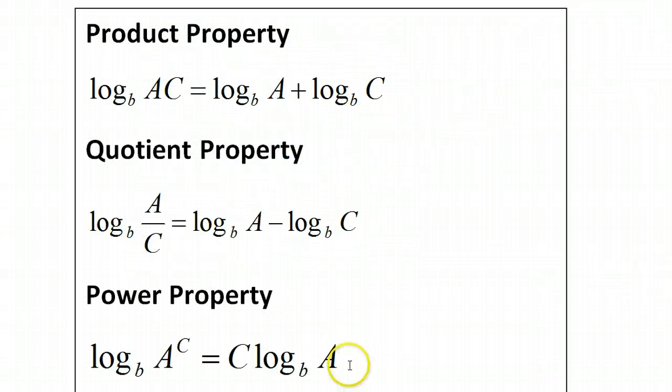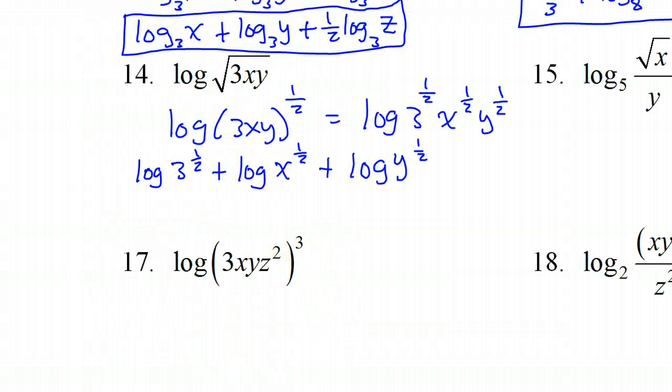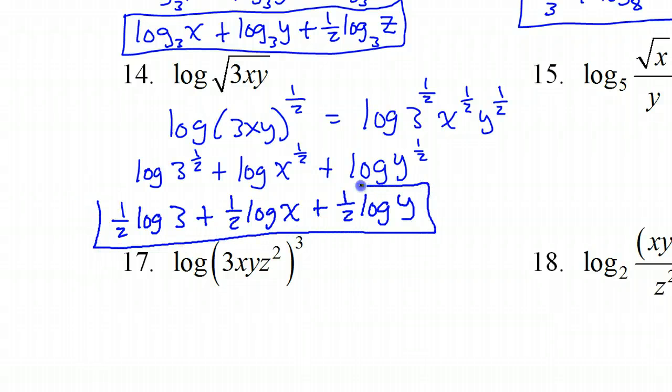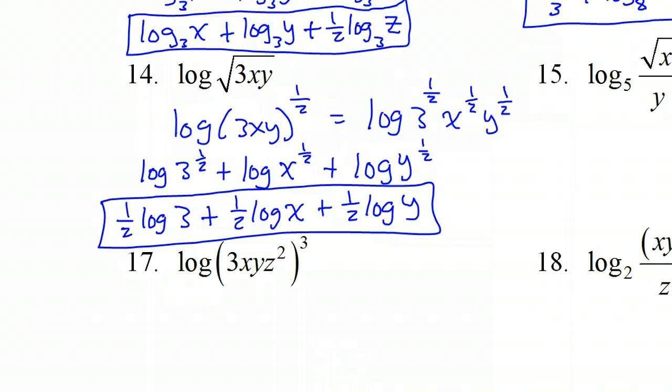Now using the power property, these exponents are going to jump to the front. So the final answer will be 1/2 log 3 plus 1/2 log x plus 1/2 log y. Full credit.